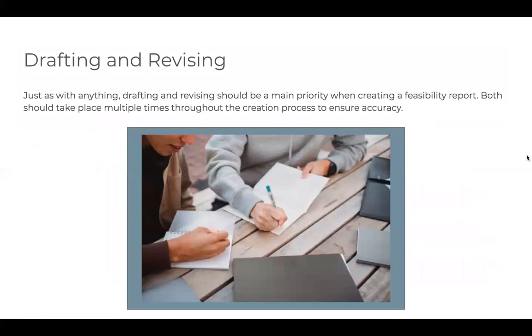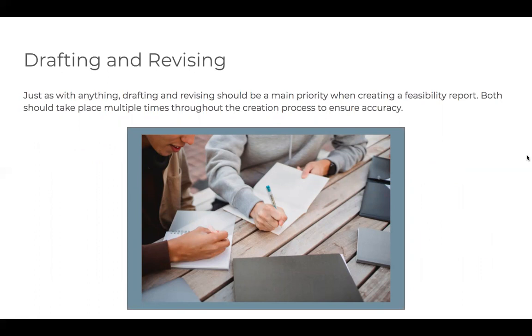Drafting and revising. Just as with anything, drafting and revising should be a main priority when creating a feasibility report. And both of these things should take place throughout the creation process. After you write one section, edit it, revise it, draft the next section, and bounce back and forth between the sections of your report.